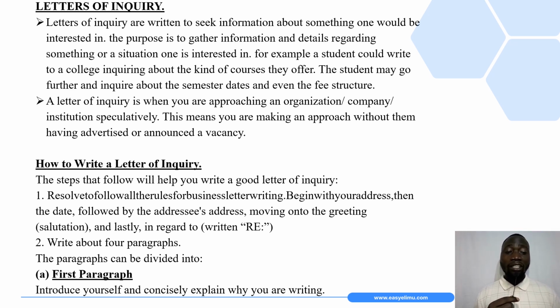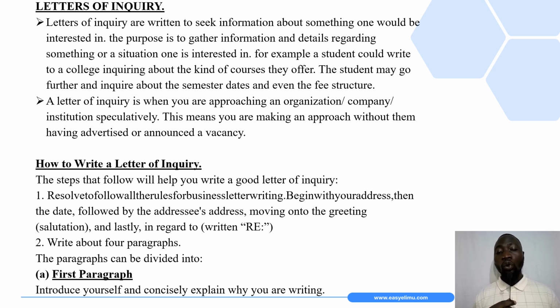So as you begin writing your letter, ensure that you resolve to follow all the rules for business letter writing. That is two addresses, for example, the date, salutation, regards, and even the closing. So begin with your address, then the date, followed by the addressee's address, that is the address of the receiver.